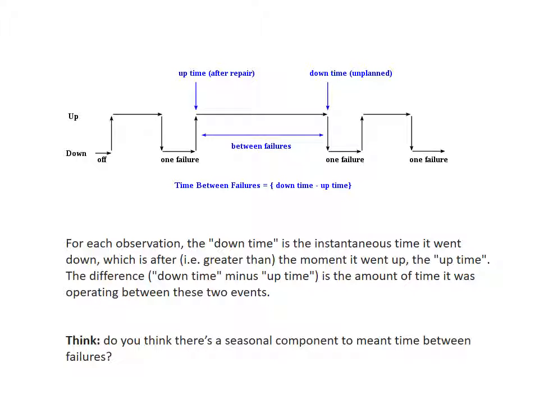And I have this note at the bottom: do you think there's a seasonal component to mean time between failures? One way of looking at that is realizing that you're probably going to be using a power plant more during high demand periods.